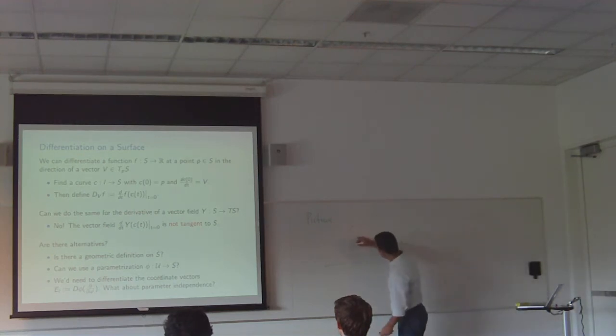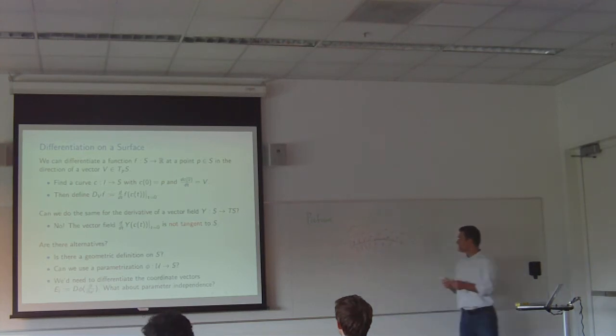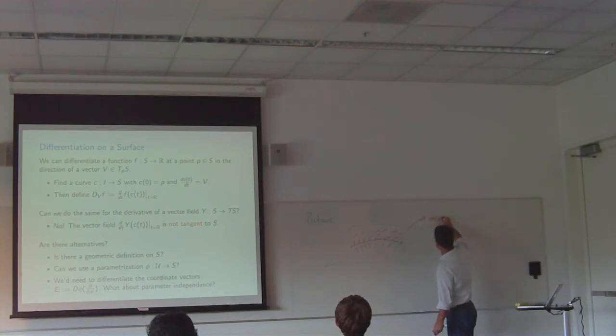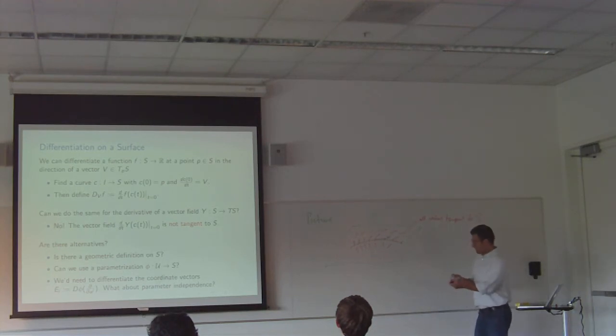Well, it's a vector field which lies on the surface, so it's something like this. But the point is that these vectors have to be parallel to the surface, tangent to the surface.